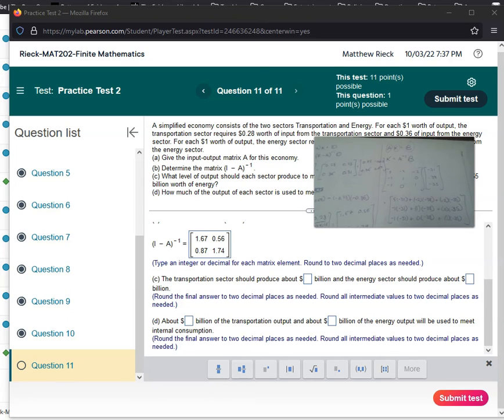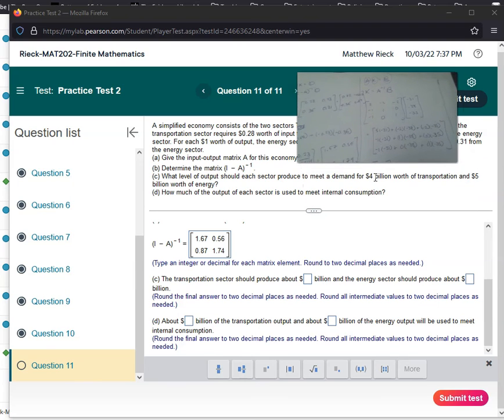All right. So then to find how much I need to produce, my X, I need to take this (I minus A) inverse that I just found and multiply it by my final demand. In this case, my demand matrix D is $4 billion from transportation and $5 billion from the energy sector.